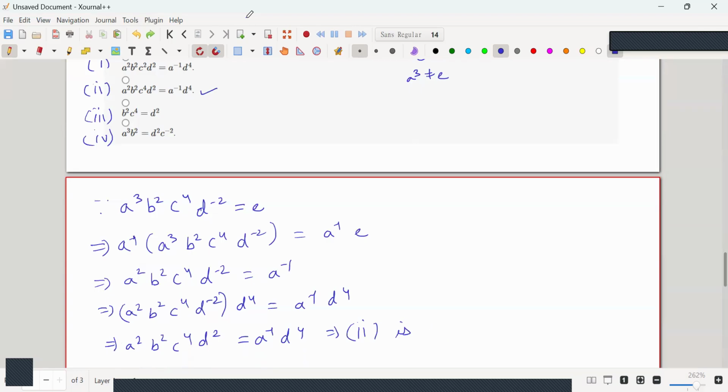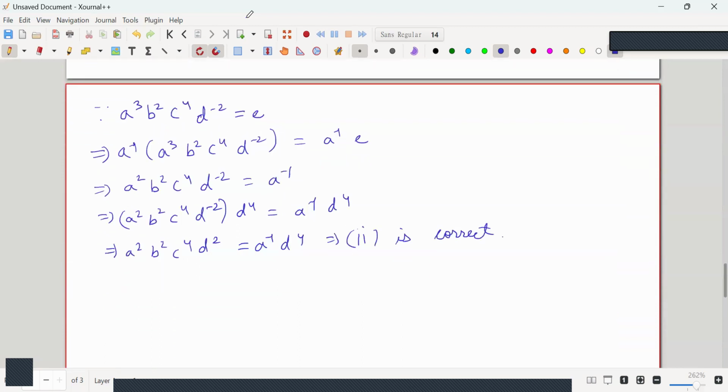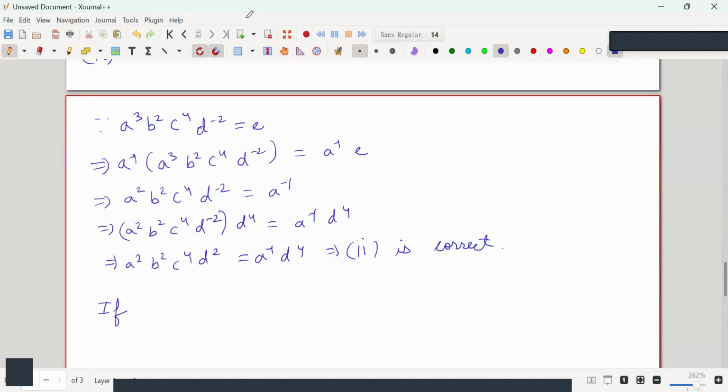And in the first, there is a slight change. Instead of C4 here, we are having C square. So can these two statements be simultaneously true? Let us quickly see that also. First we have C square in place of C4.